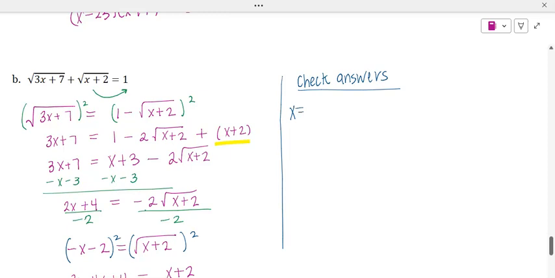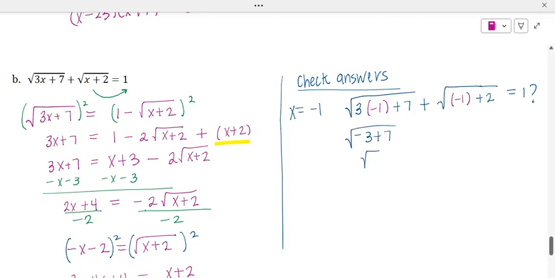X is equal to -1 was one of our answers. So let's plug in -1 for x. So -3 plus 7 is the square root of 4, or 2.